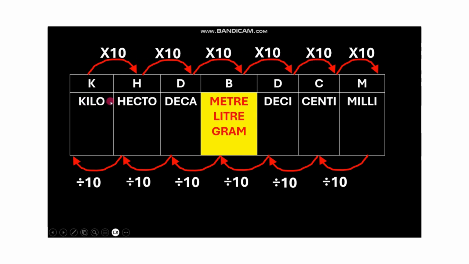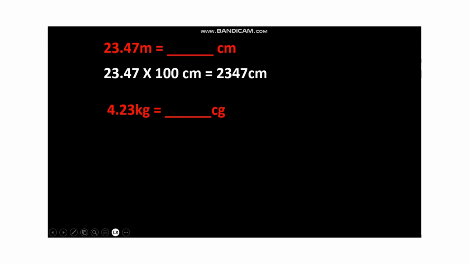So 1 kilogram equals 100,000 centigram. It means the value we have here, we're going to multiply by 100,000. And so 4.23 kilogram times 100,000 gives us 423,000 centigram.